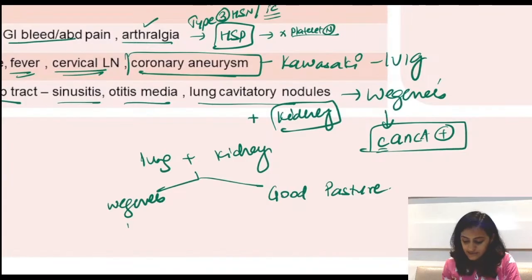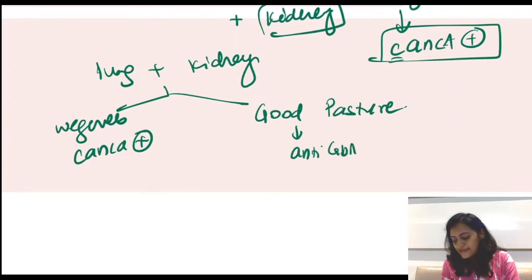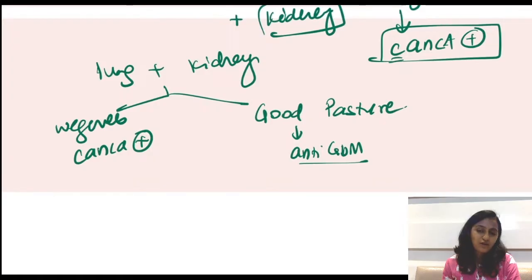In Wegener's, it is going to be C-ANCA positive. In Goodpasture's, it is going to be anti-GBM antibodies positive, the glomerular basement membrane. Very, very important again.